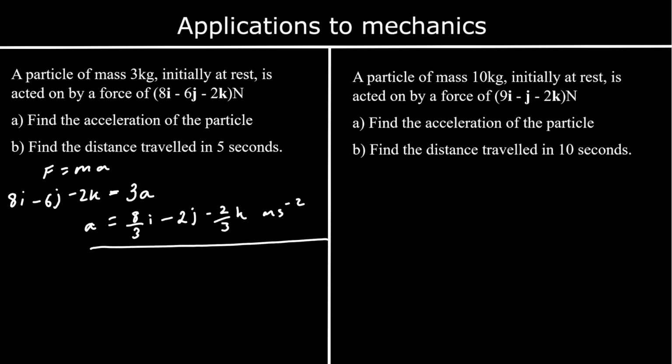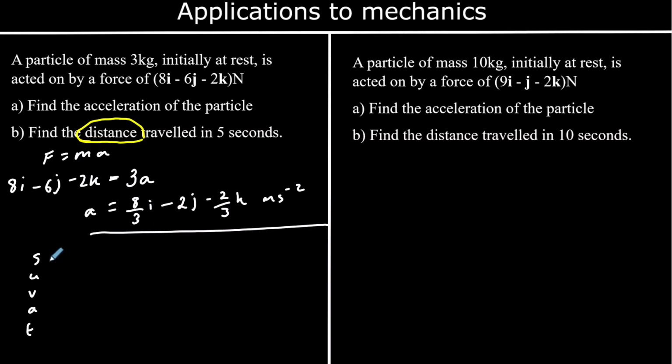Part B, find the distance. So it's distance, not displacement. So we want just a number. We don't want something in i's, j's and k's. Travelled in 5 seconds. So we're going to use SUVAT. S is our displacement. That's what we're working out.